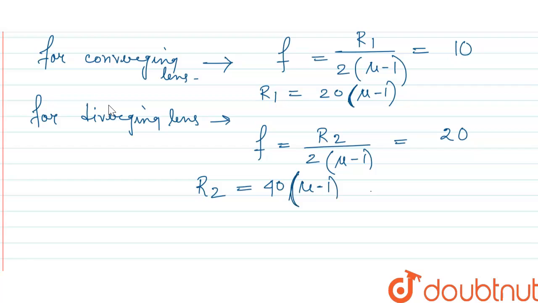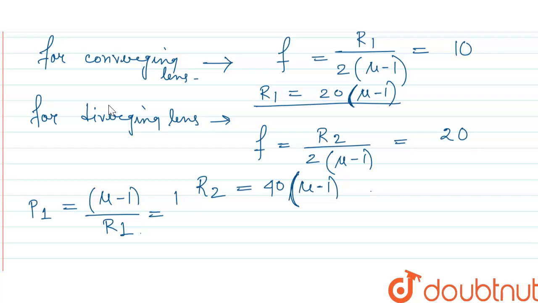Next. So we got P1 equal to (mu minus 1) by R1. What is the value of (mu minus 1) by R1? From this equation, (mu minus 1) by R1 is equal to 1 by 20. So we just write 1 by 20.